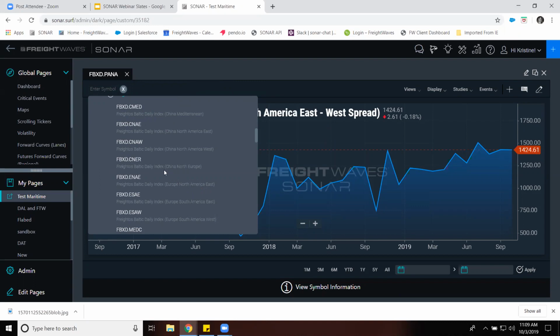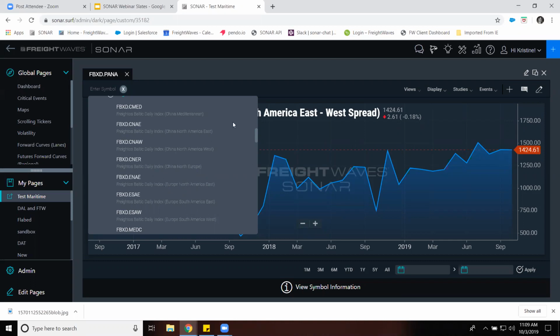So you can clearly see, China to North Europe, you're looking at places like Shanghai to Rotterdam, Antwerp, your places in North Europe. That's the general benchmark for that specific trade lane. And then if you had Europe, North America East, that's going to be something like Rotterdam, Antwerp, going to New York, Savannah, and that's how you benchmark those rates.